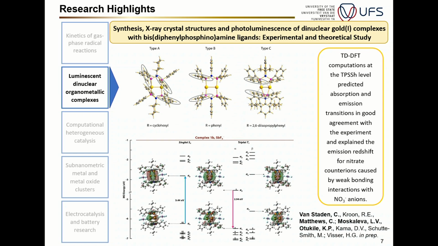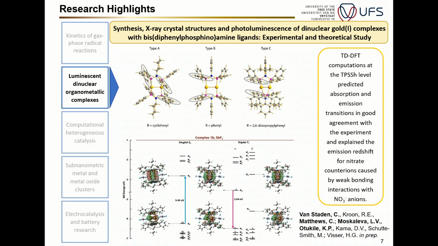So here the ligands are substituted diphenylphosphinoamines, where the substituent on the central nitrogen atom was varied. We varied the substituent, hoping that it could help us modify the pincer angle and also to tune the gold-gold distance as well as the luminescence properties of the complexes.